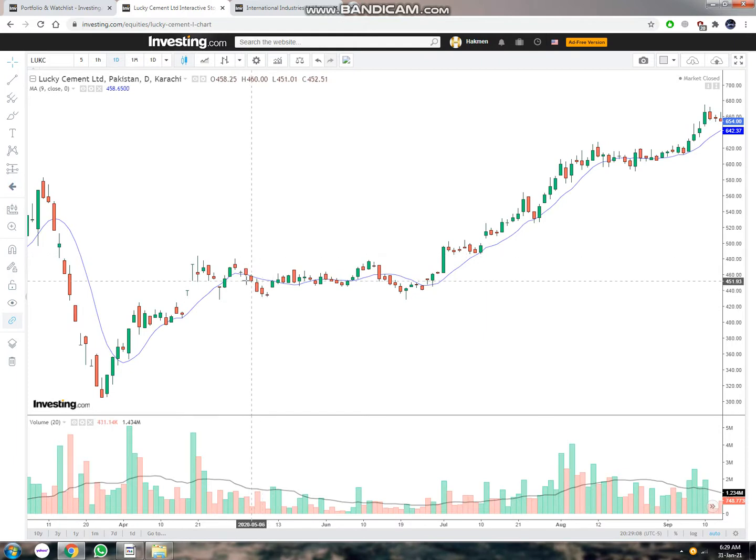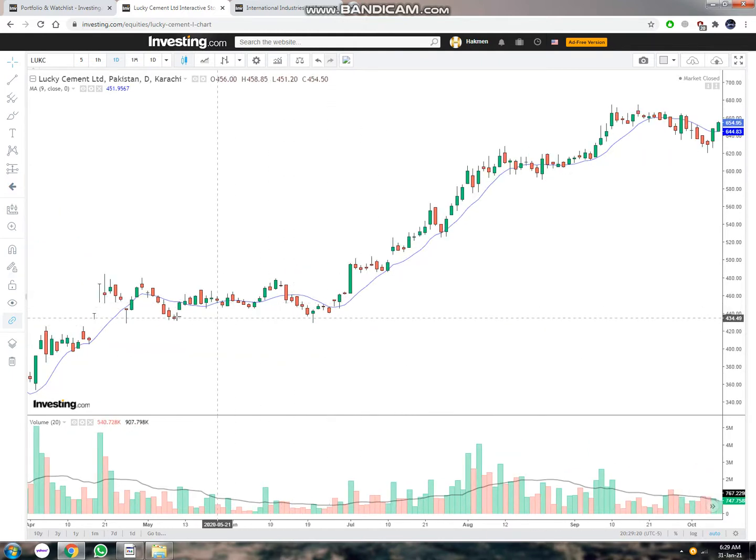Now for sell signals, when to sell: when the candlesticks start to fall and touch the moving average, that's when you have to sell the stock. Or in other cases, this is a support level.